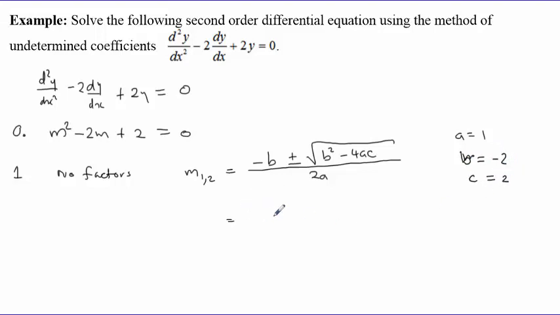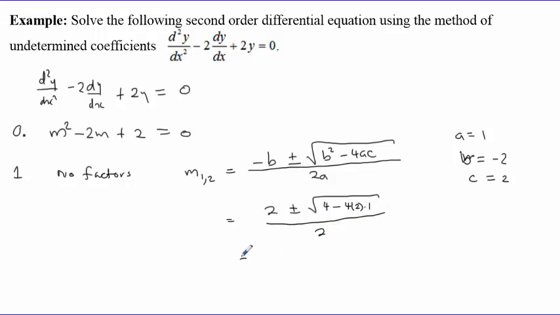Substituting here, we're going to get 2 plus or minus the square root of b squared, which is 4, minus 4ac, which is minus 4 times 2 times 1, 2 for c, 1 for a, all over 2 times 1, which is 2.